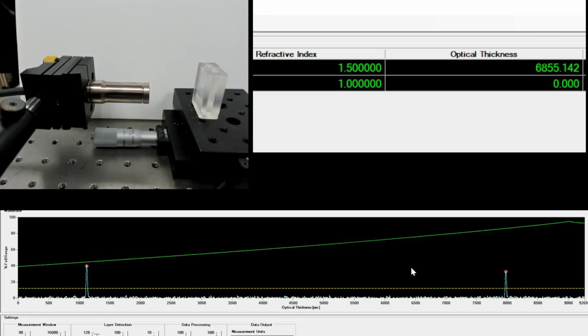So with a known gap that doesn't change as you're reading it, you can place a different fluid in that gap and correlate, and in fact calibrate, an optical thickness to the concentration level of salt in solution.